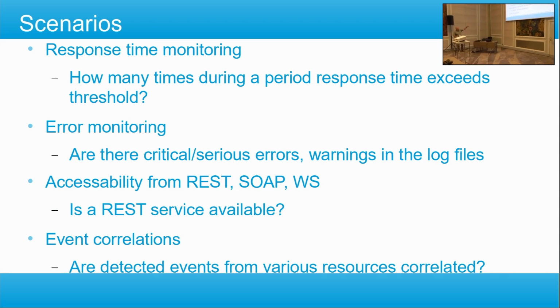And you can also look for correlations of the events occurring. If the response time is very, very slow, what happens here? For example, you have an Oracle database somewhere which does some very huge processing during the night, or even during the day, I don't know.